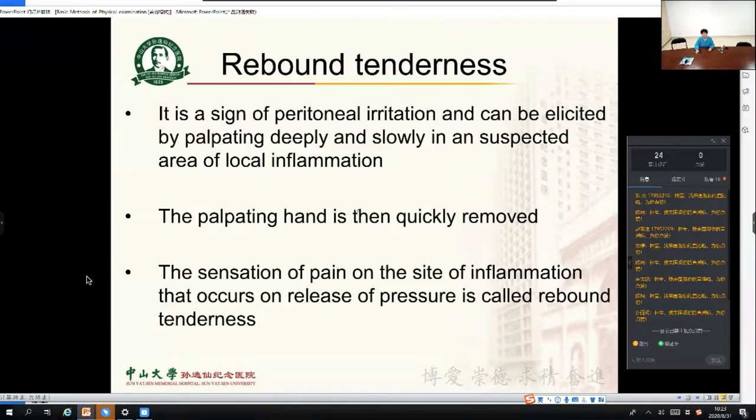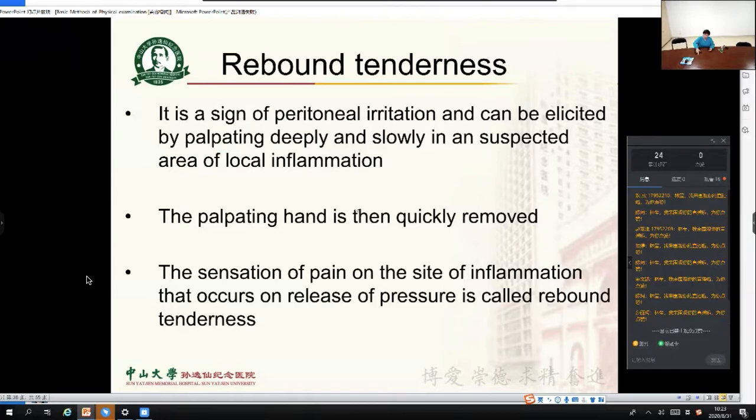The sensation of pain on the side of inflammation that occurs on release of the pressure is called rebound tenderness. When you remove your hand, the patient will show pain, and this is the situation we call rebound tenderness.